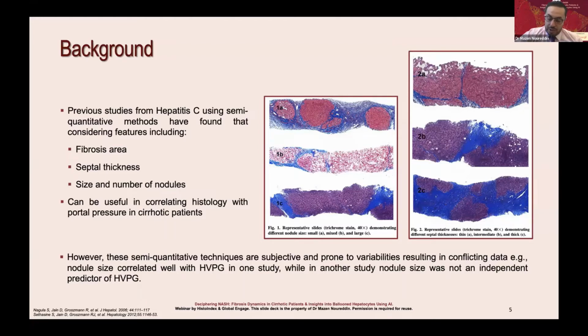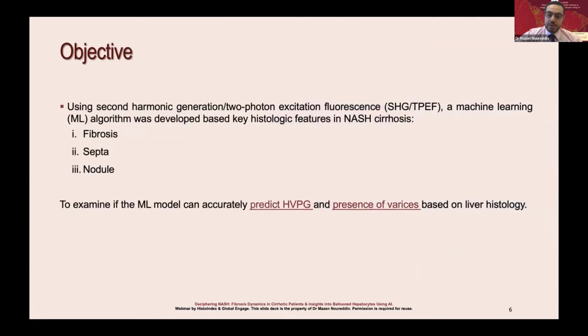So brilliantly, they said, this is actually likely related to the semi-quantitative techniques we're using, the variation in pathology reading, and maybe it can be much better if we don't have semi-quantitative. And this is where the concept of the research by HistoIndex and our study came.